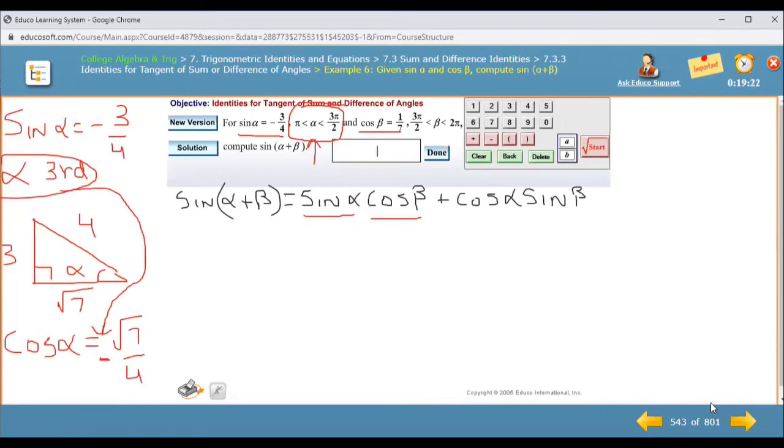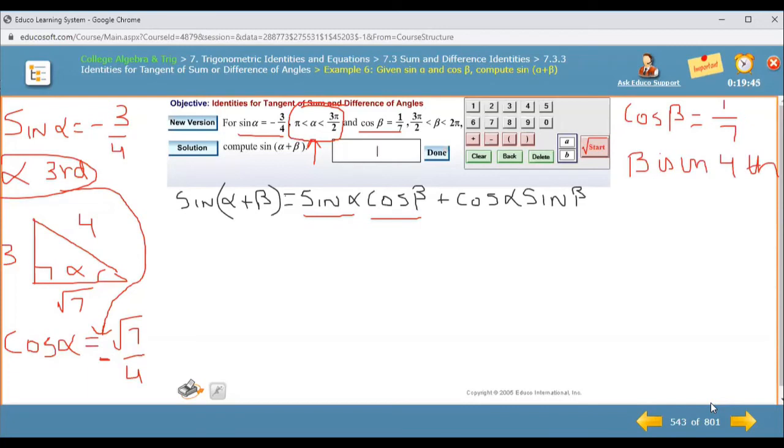Okay, now I want you all to work on cosine. Cosine beta is given, 1 over 7. All right, and beta is in the fourth quadrant.